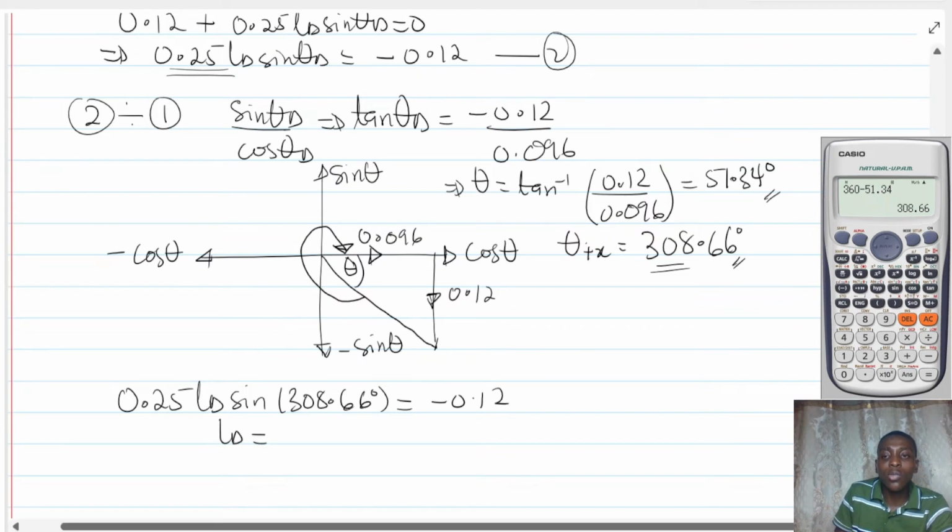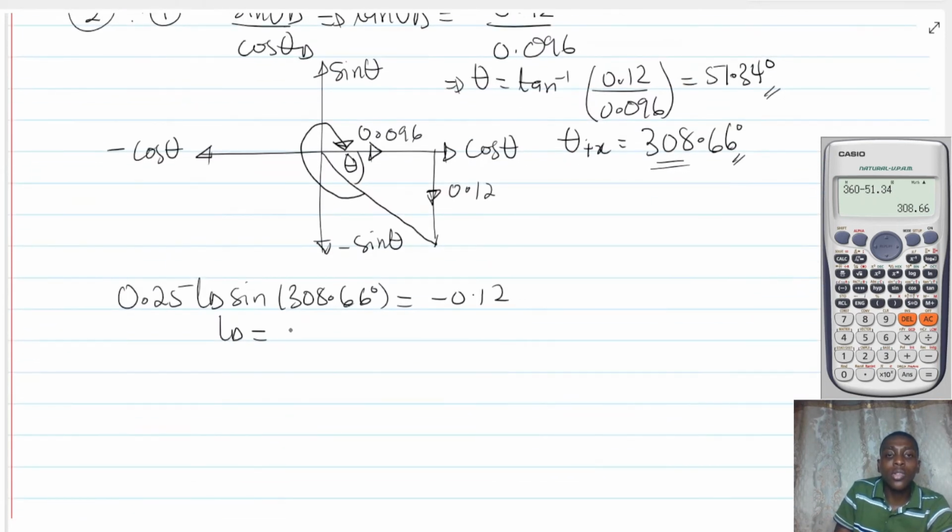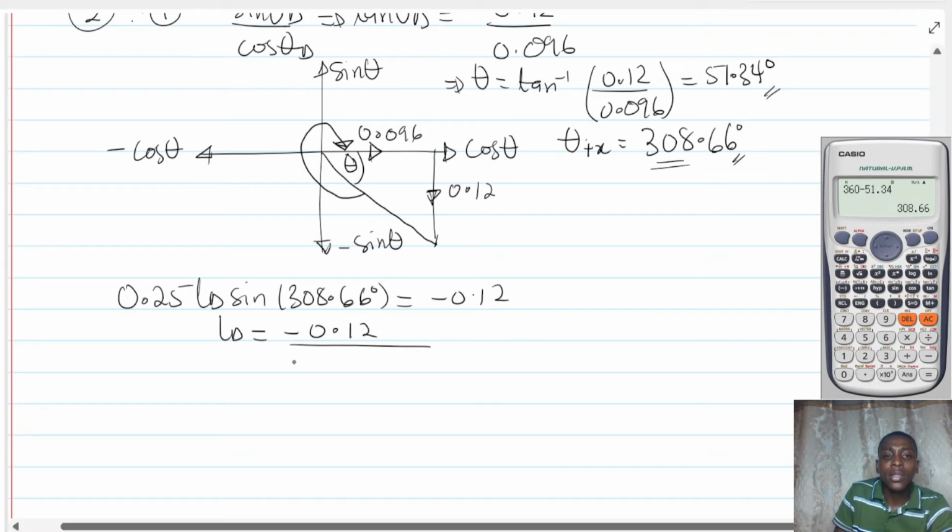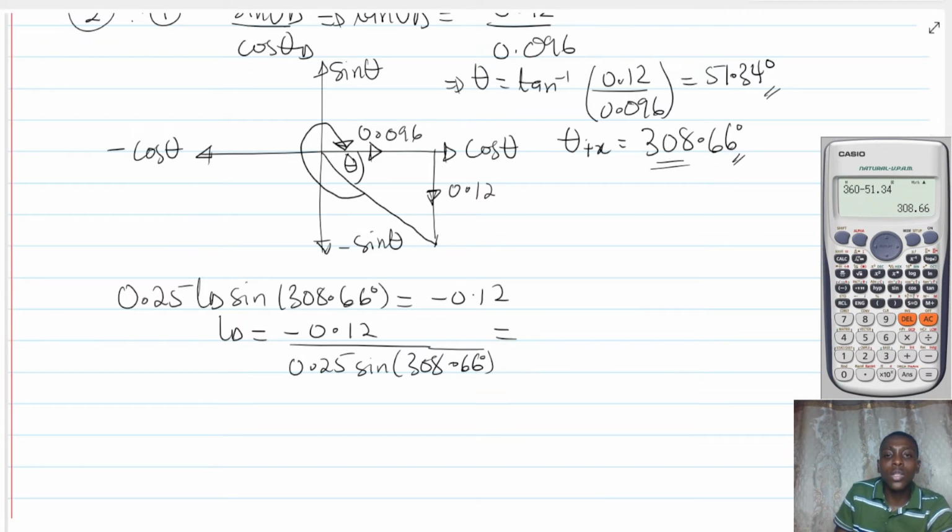So LD is going to be minus 0.12 all divided by 0.25 sine 308.66.